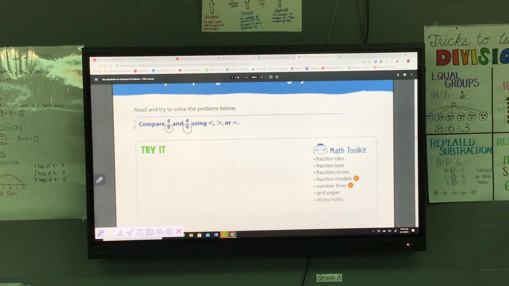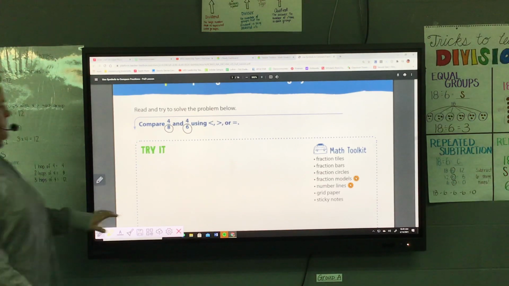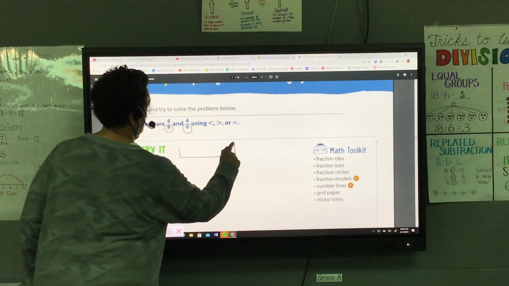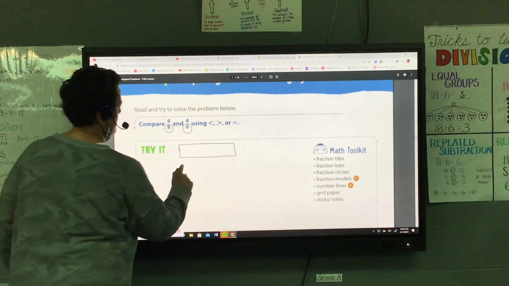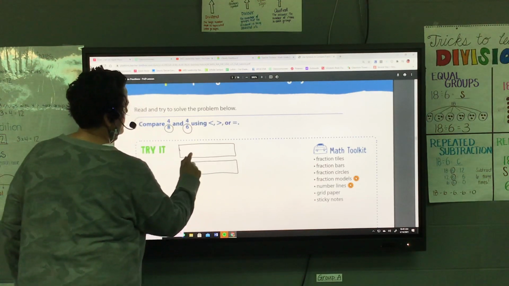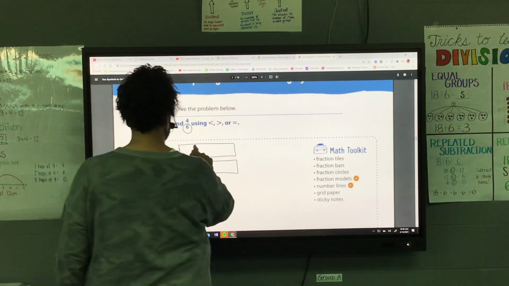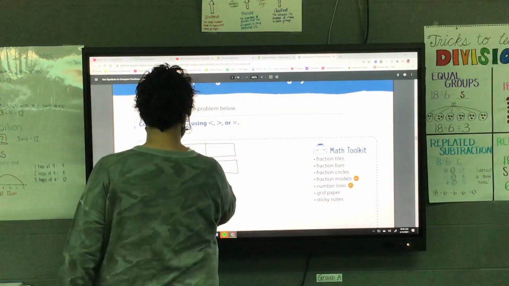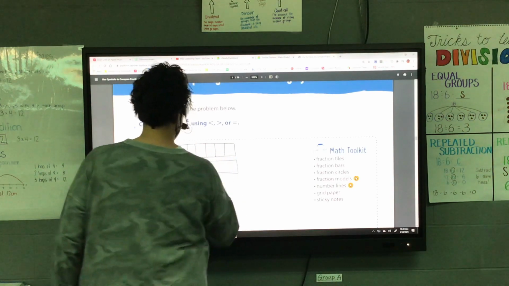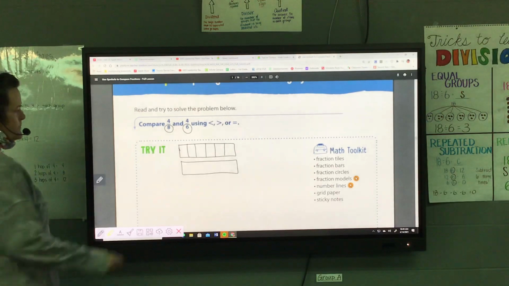I don't know where I put them, the fraction magnets, those fraction bars. Okay, so if I have 2 fraction bars and one is split into 6 pieces, okay, there's my 6 pieces for that one.